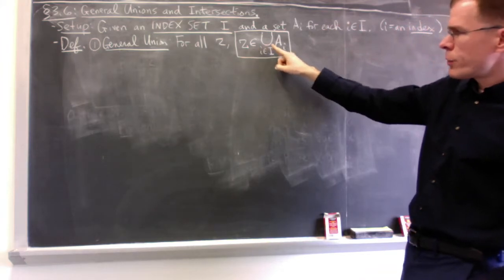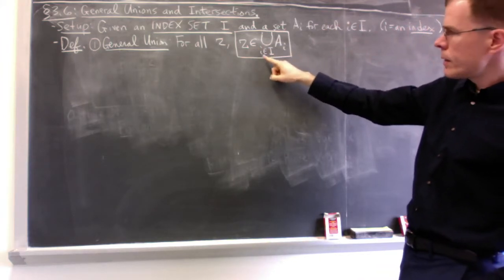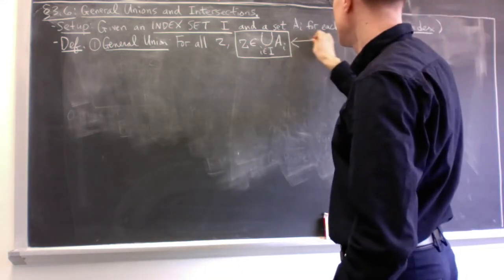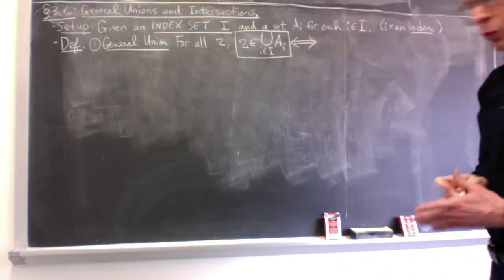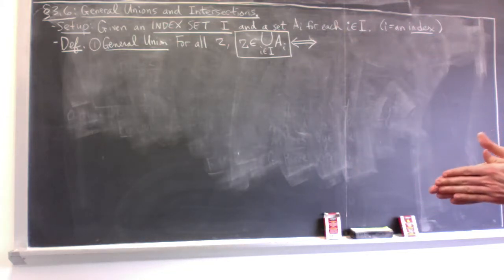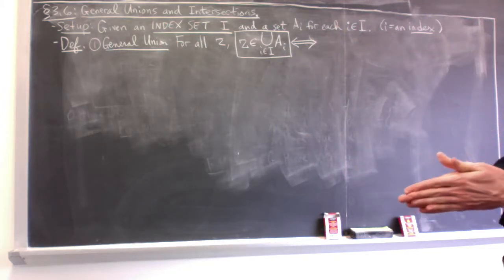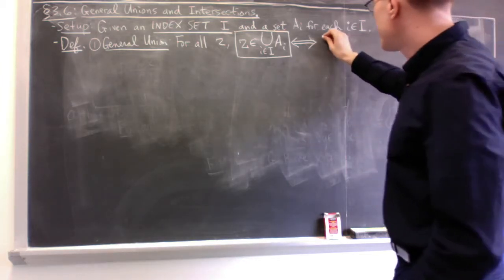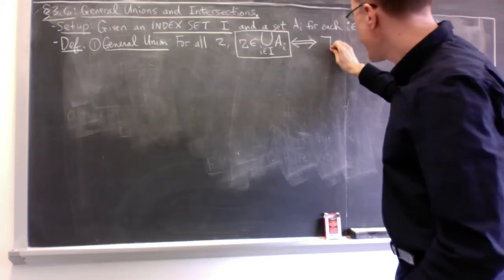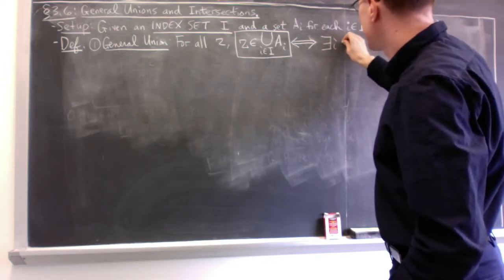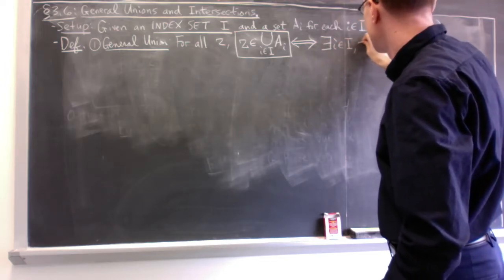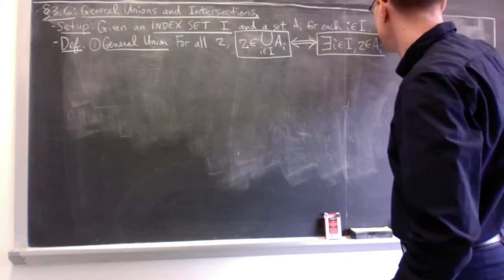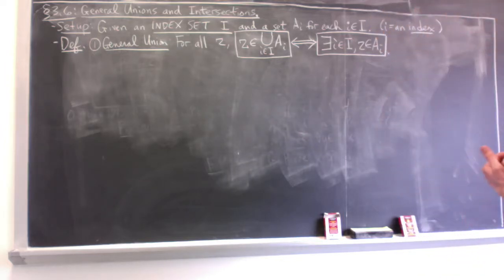Z is a member of the union of the A sub I as I ranges through the index set I. And essentially, that means that Z has to be a member of at least one of the individual sets A sub I. That's an existence statement, so the definition text has the quantifier: there exists I in I such that Z is a member of A sub I, and that's the definition for the union.